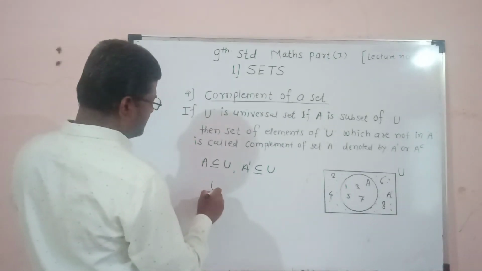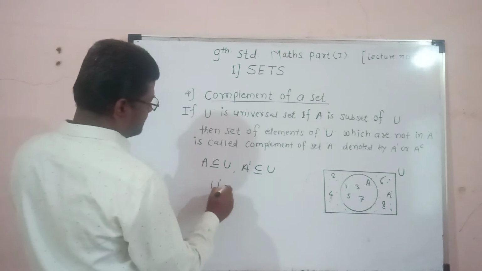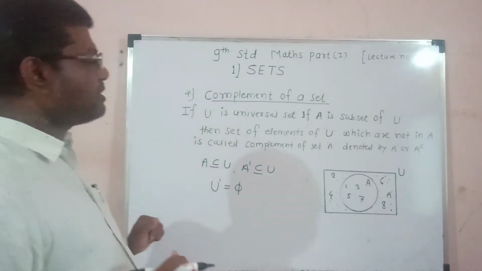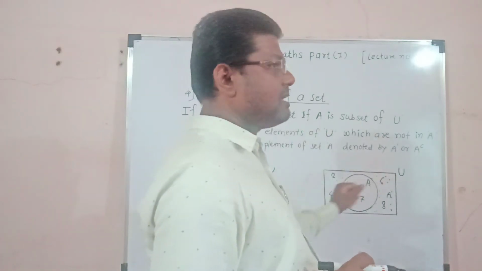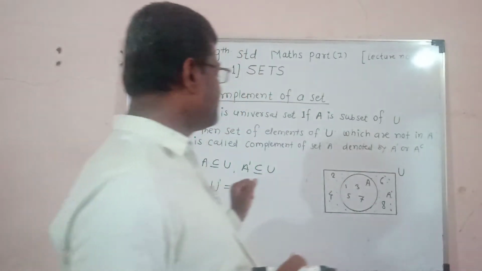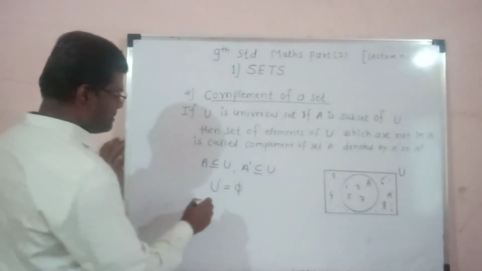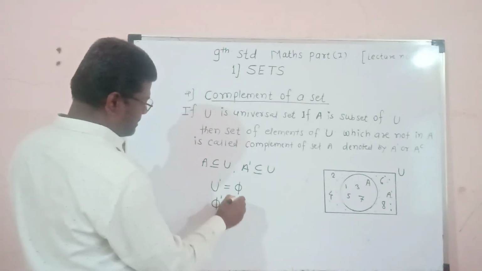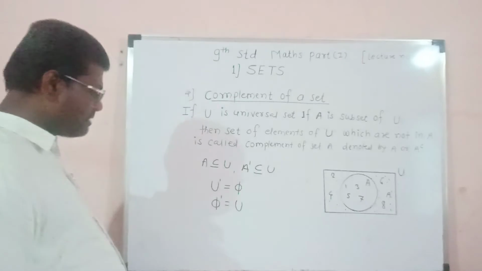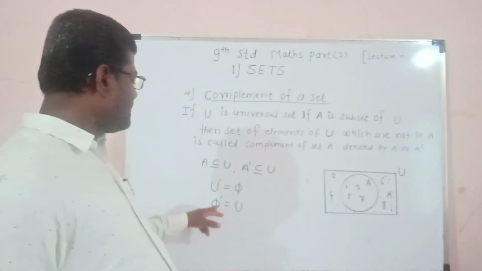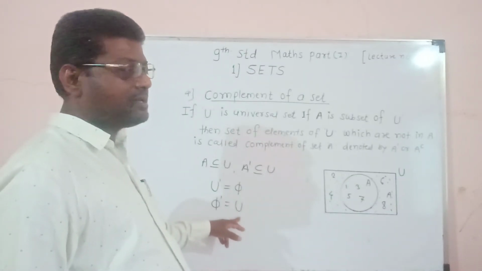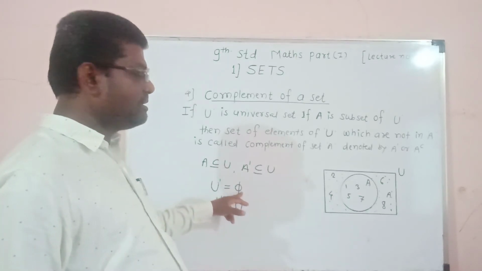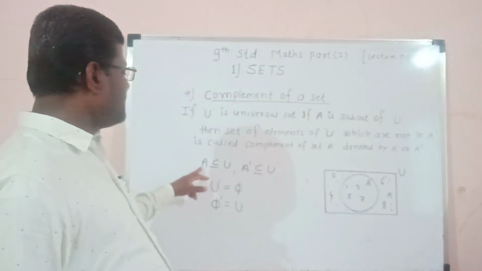Complement of the universal set is always the empty set, and the complement of the empty set is the universal set.